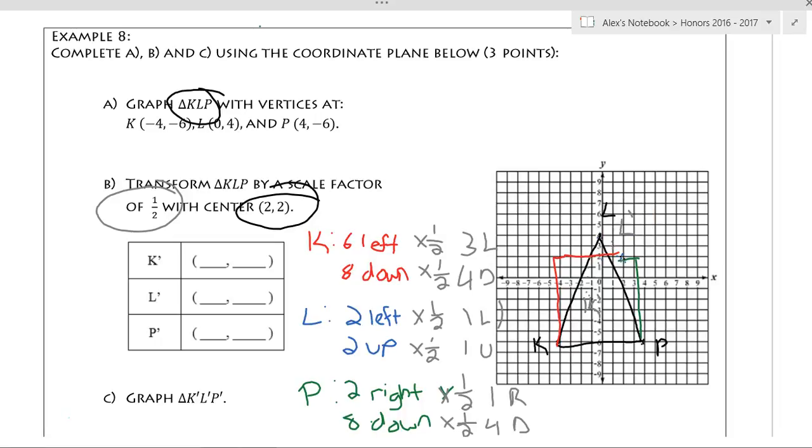And P prime, from that point, is 1 right, 4 down. Okay? And then I'm just going to connect all of those lovely points. And that would be my new triangle once it's been dilated.